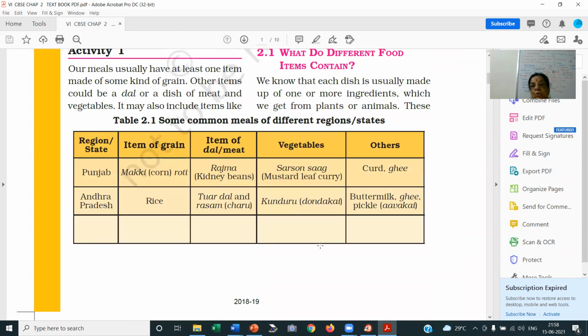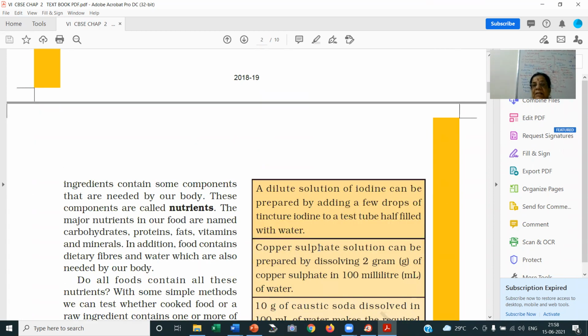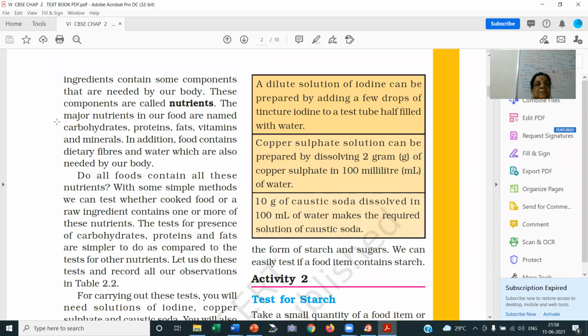So we know that each dish is usually made up of one or more ingredients, which we are getting from plants or animals. These ingredients contain some components that are needed by our body, and they are called nutrients.